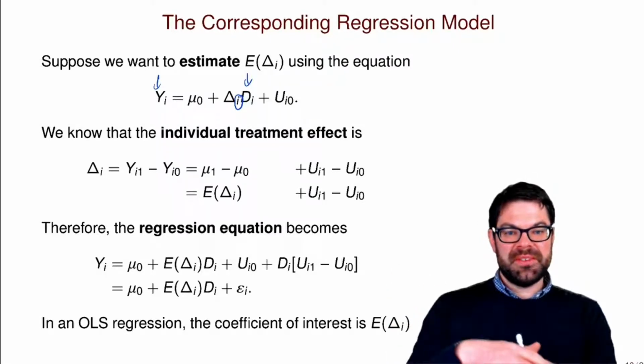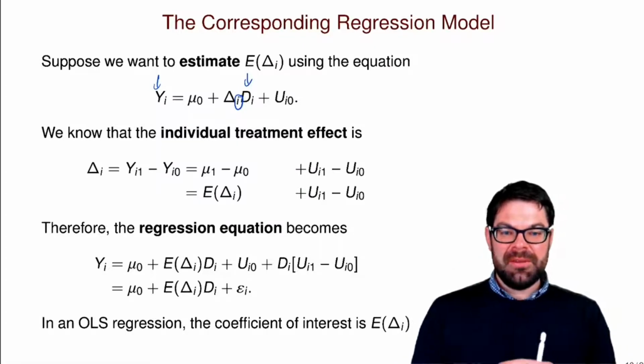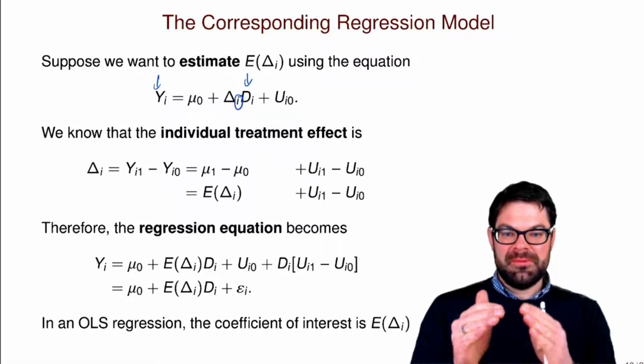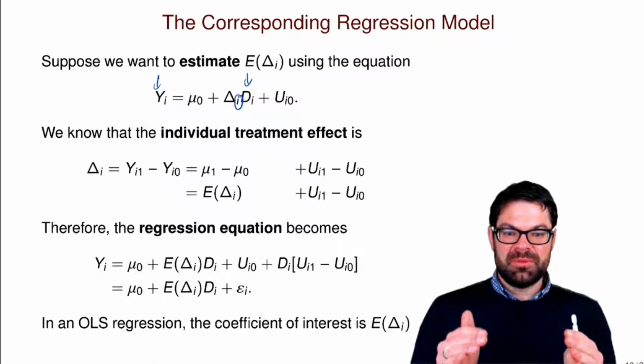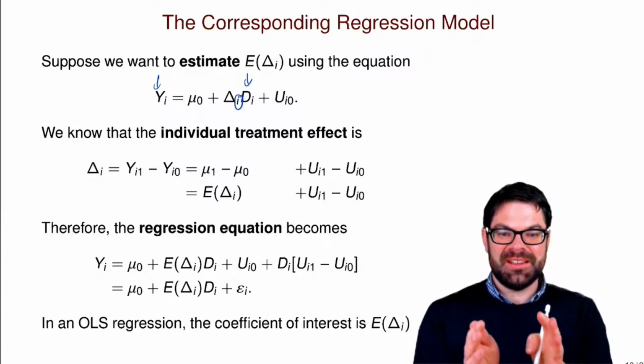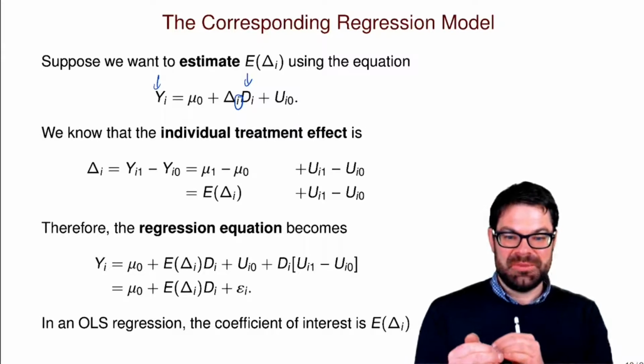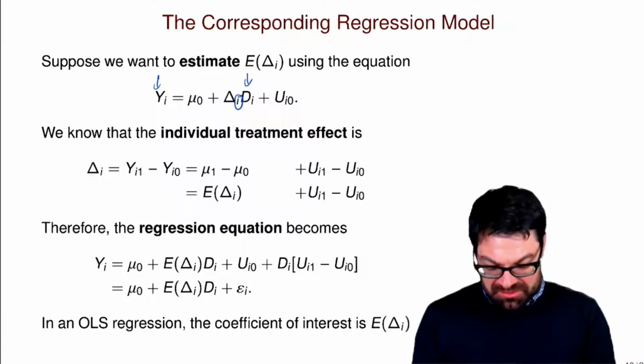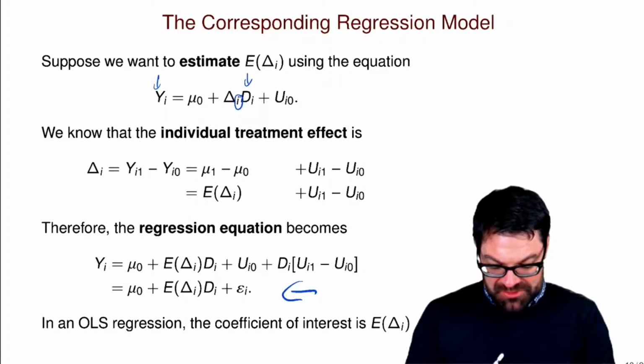And so instead of having a treatment effect that varies by individual, we want to at least get at what the average treatment effect is if some people are treated and others have not been. That's what that equation at the bottom gives us.